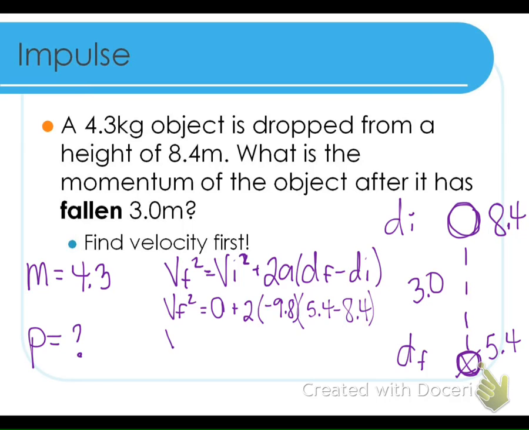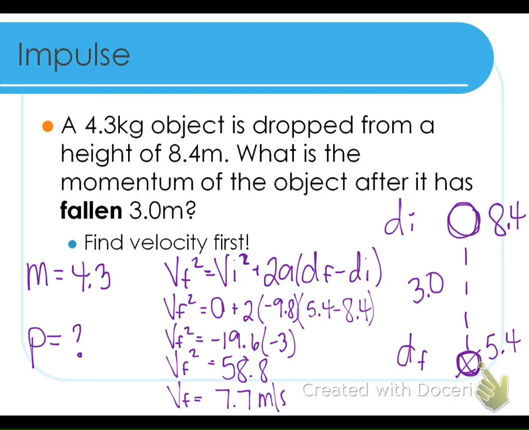So we'll take Vf squared equals negative 19.6 times negative 3. And I think that comes out to be 58.8 equals Vf squared. Then to solve for our velocity, we're going to square root that. 7.7 meters per second.